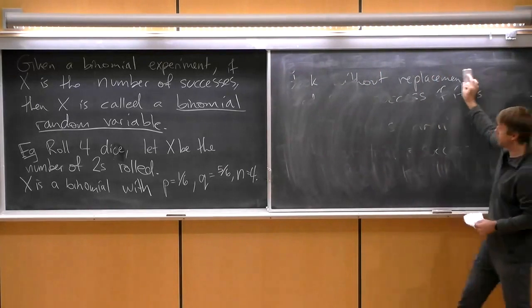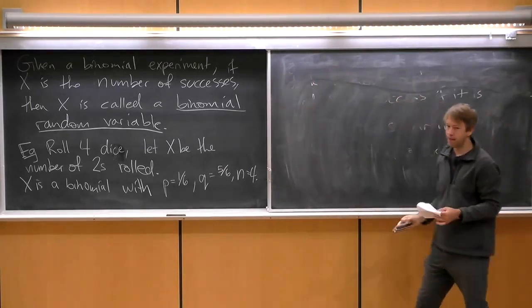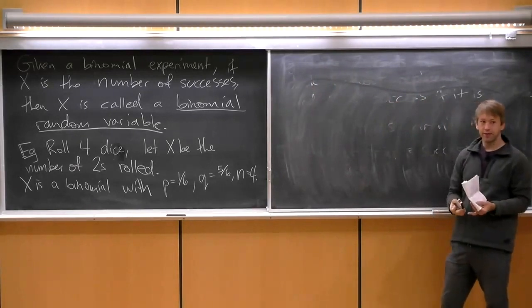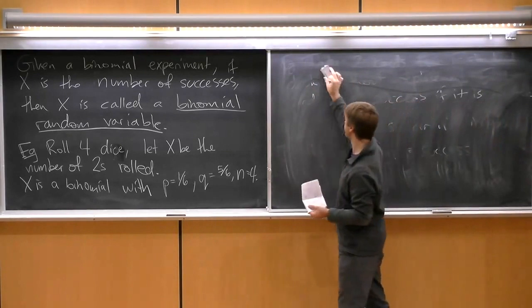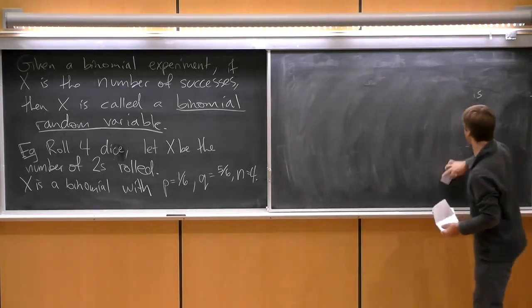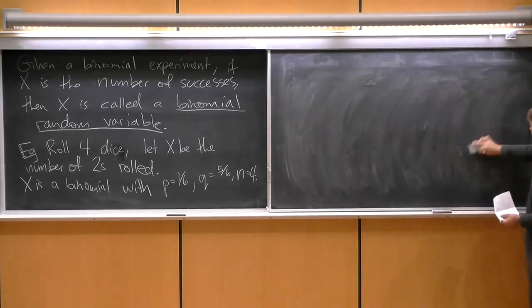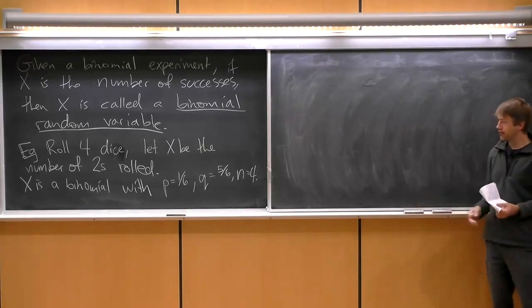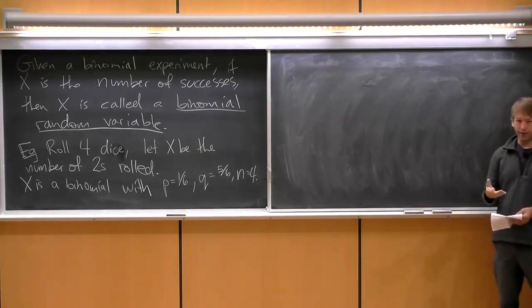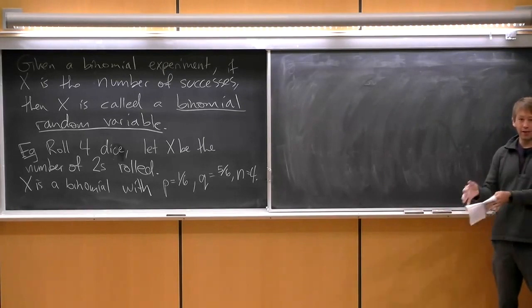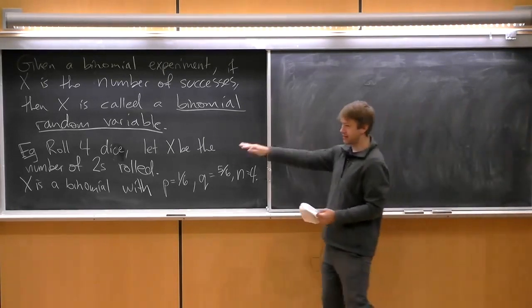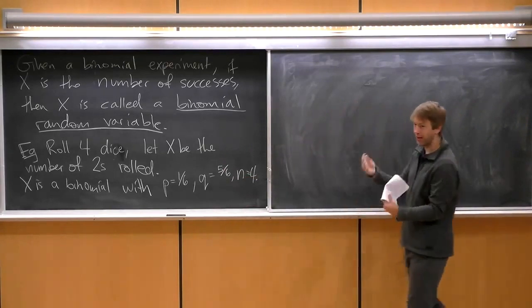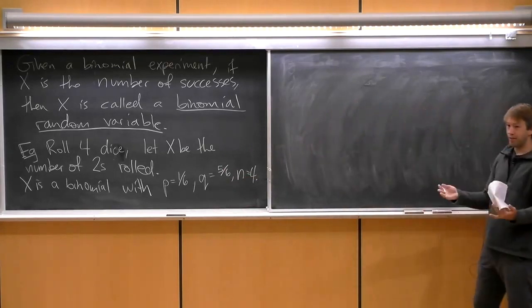So what I want to do now is come up with a formula for events involving binomial random variables, like figure out a formula for the probability that a binomial random variable is equal to a certain value. Let's do it just for this example, and then we'll look at what it would look like more generally.